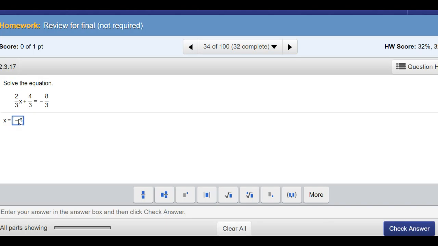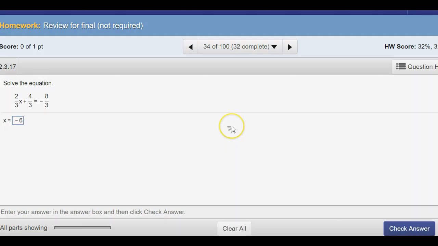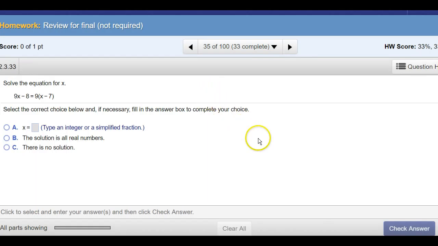Plug in there a negative 6 and check it. Yep, we're good. Okay, let's do this one here. And again, write the example on your blue sheet. Clear parentheses.